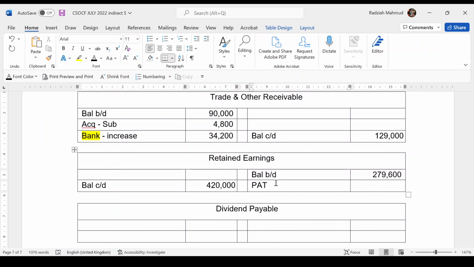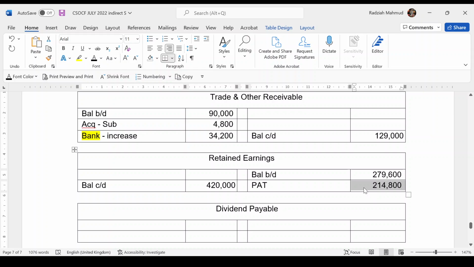The retained profit here is the profit attributable to equity shareholders. Please look at the question. The figure is 214,800. Please make sure you take the right figure. This is not 273,000. The 273,000 includes NCI.